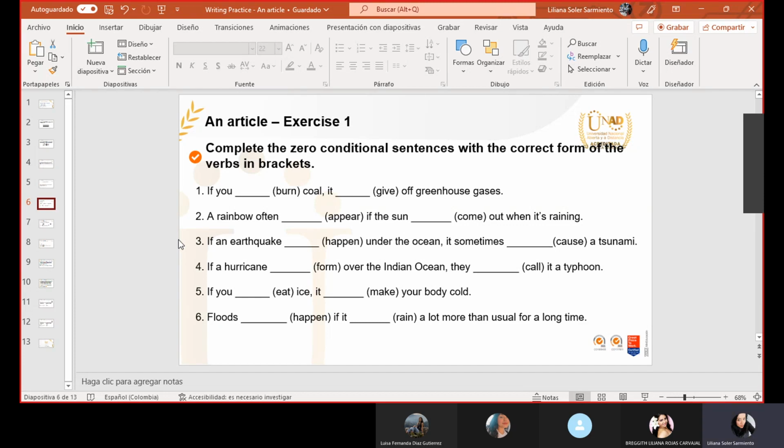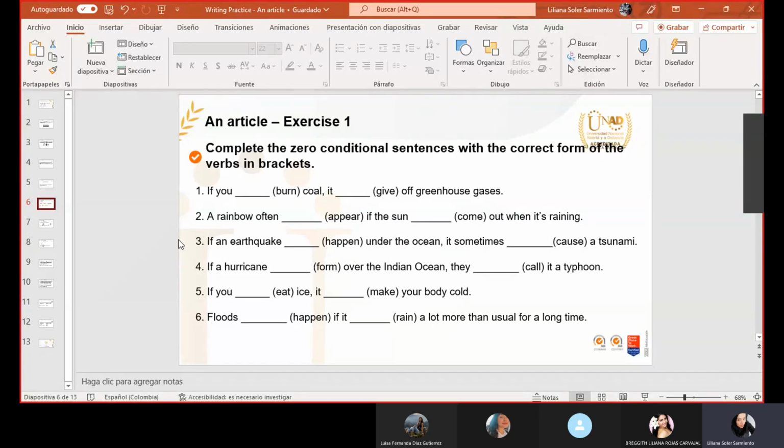Okay, number 2. A rainbow often, what is the correct form of this verb? Appears, with S at the end. A rainbow often appears, because it's it, a rainbow, the pronoun is it.